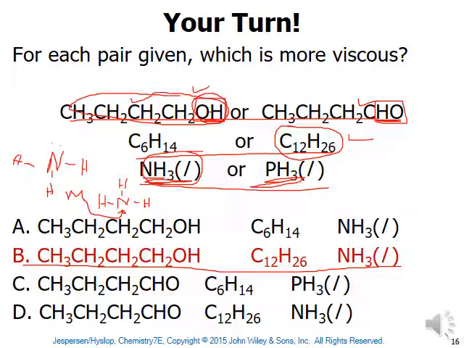So this H is connected to a highly electronegative atom, and I said there were 3 that we're concerned about: nitrogen, oxygen, and fluorine, and it will form a hydrogen bond to a nitrogen. Okay, this one doesn't do that. It still forms an interaction, a P will form with H, but that would just be a dipole.